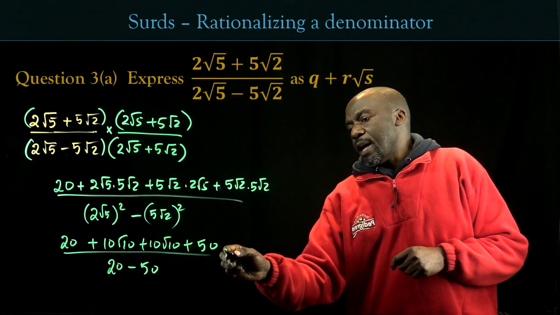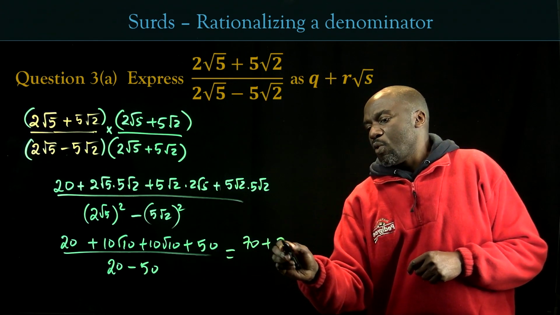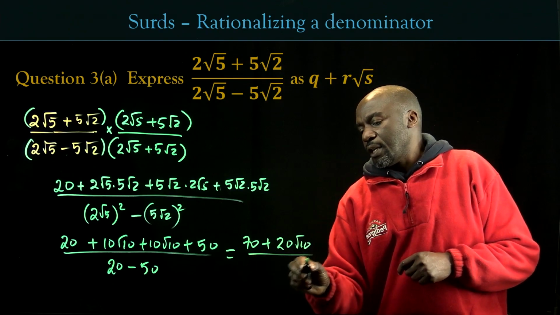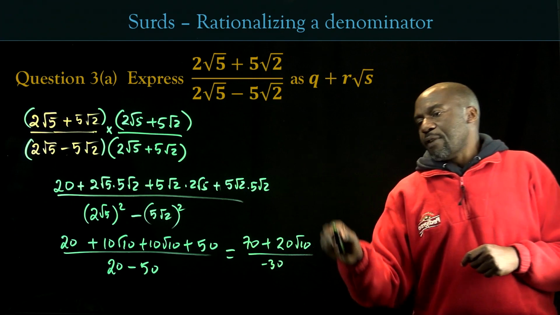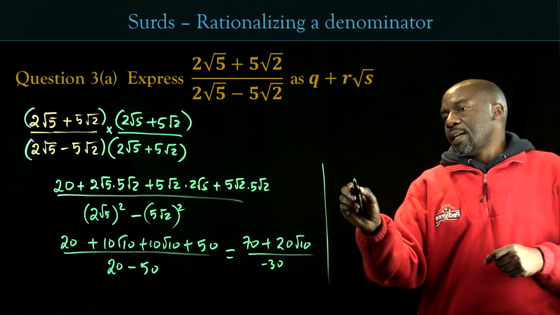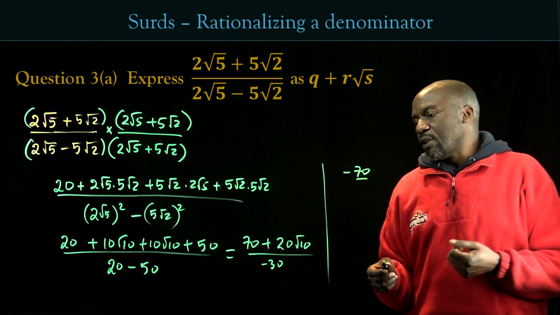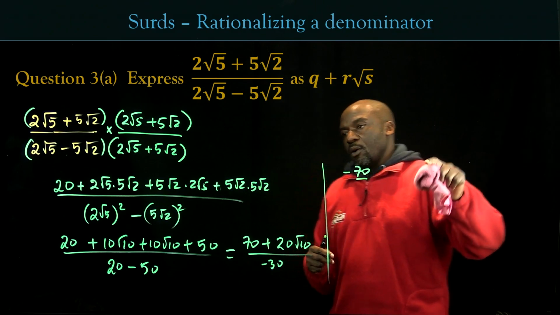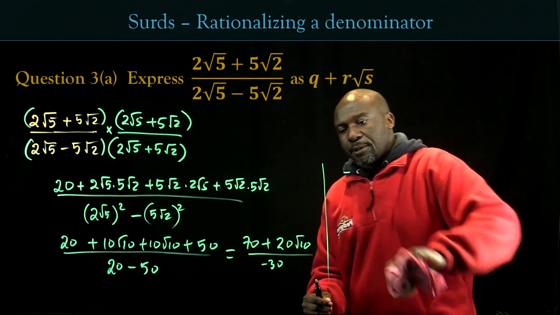Okay, and so my answer becomes 70 plus 20 root 10, everything divided by negative 30. And so my final answer can be expressed as negative 70 over 30, or negative 7 over 3, because we can get rid of the zeros.